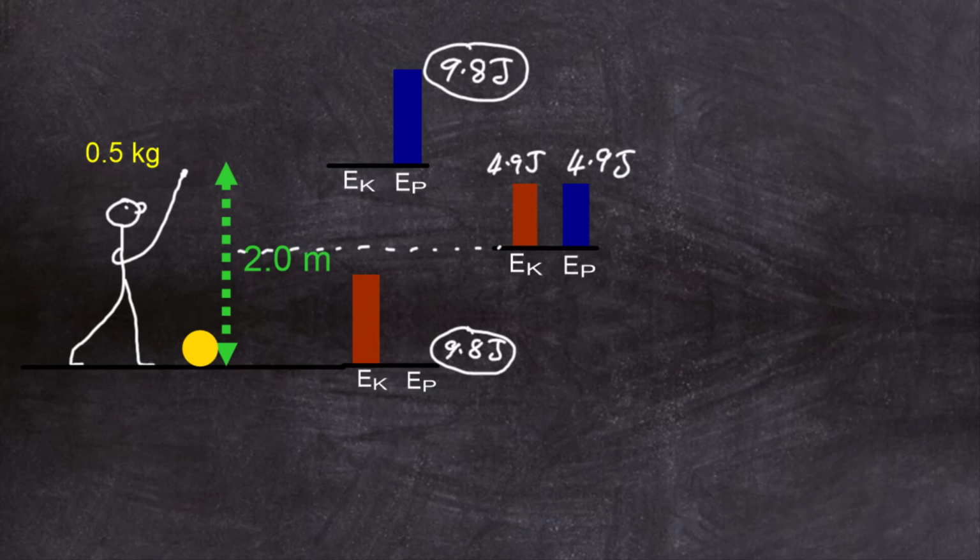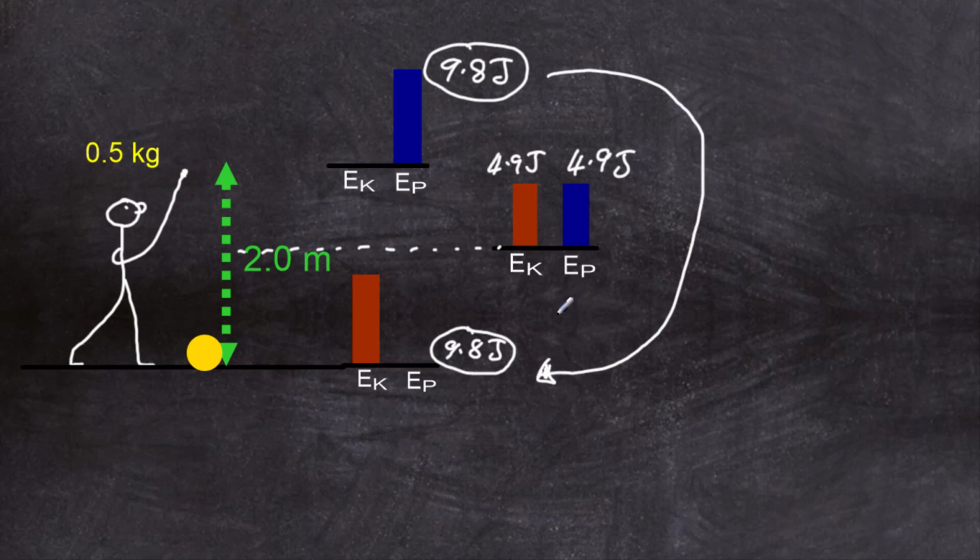So conservation of energy really amounts to this. When you lift the ball up to a certain height to give it a certain amount of gravitational potential energy, in this case 9.8 joules, and you allow the ball to fall back down again, then all its gravitational potential energy will be changed into kinetic energy, and both will be equal. So we can say that the gravitational potential energy here is changed into kinetic energy down at the bottom.